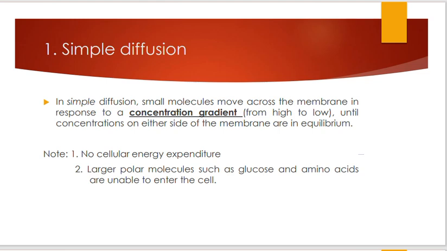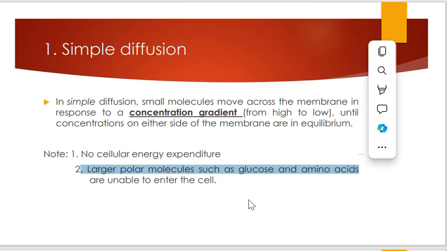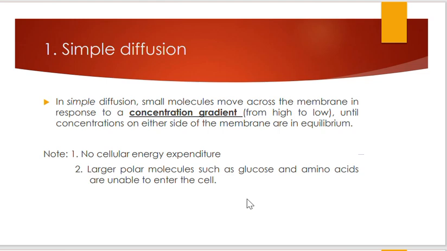So during simple diffusion, only simple molecules can move across the membrane. So either hydrogen or oxygen, as long as those are smaller molecules. Okay, so again, the larger molecules such as your amino acids or protein, they cannot get inside the cell membrane. Okay, so that is for simple diffusion.